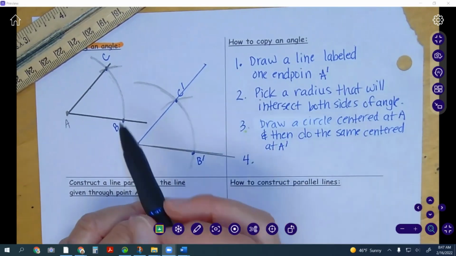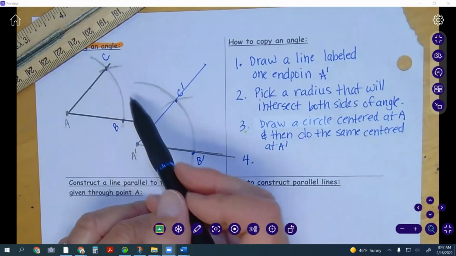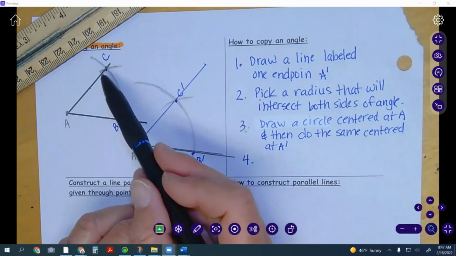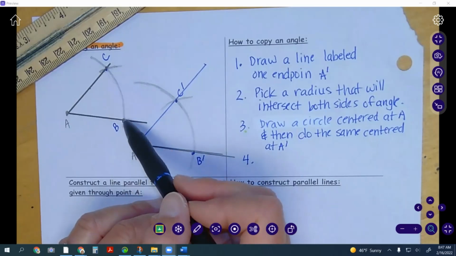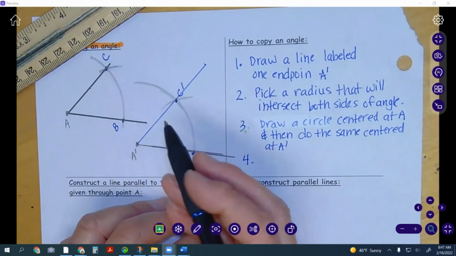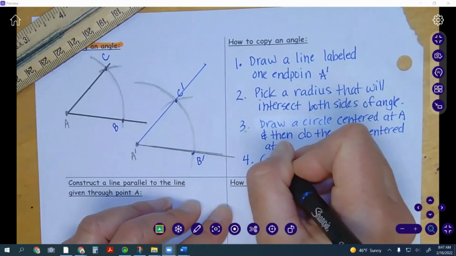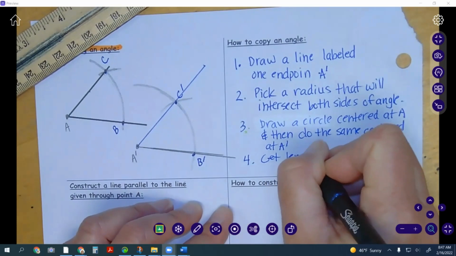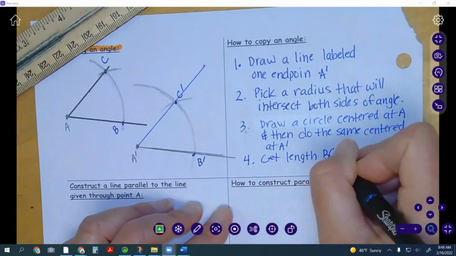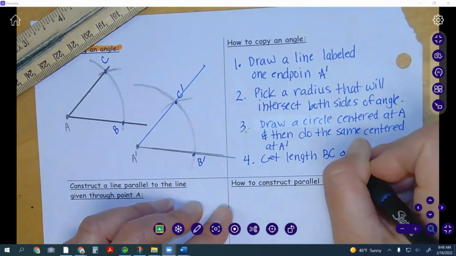Then what we're going to do is we are going to get the length of BC as our radius.